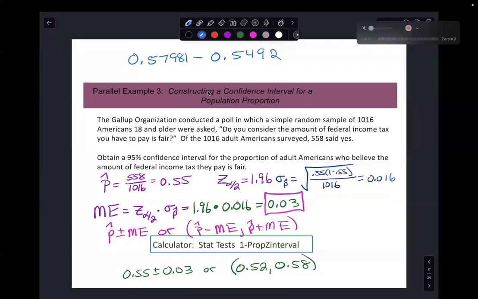I'm just going to subtract those numbers from each other. 5492. Imagine that. I got 0.03061. I would round that to 0.03 and we're good. So you just take the top of your confidence interval, subtract the p hat, and then you're good to go. That gives you your margin of error. Questions before I move on?